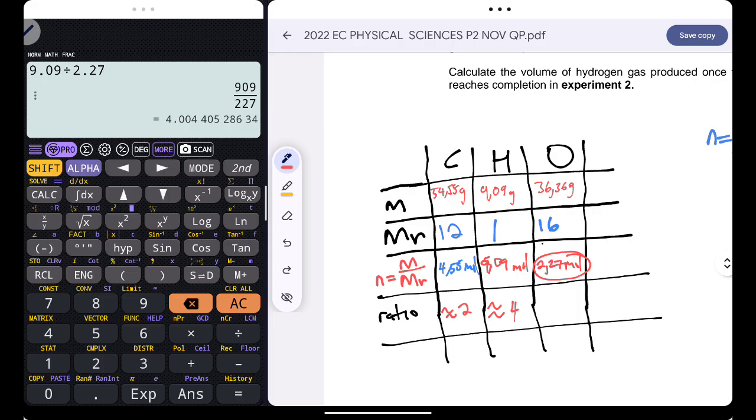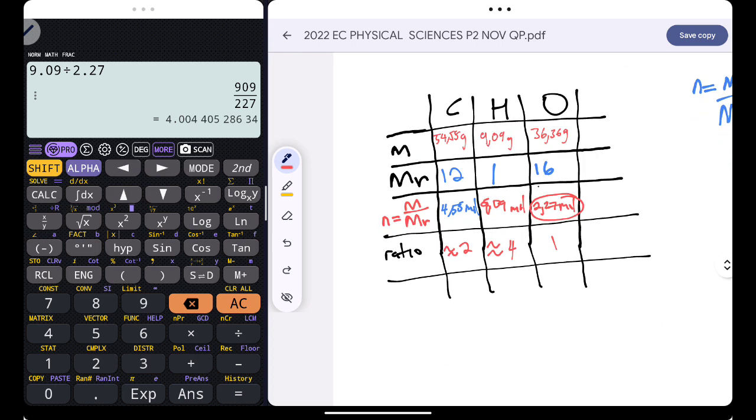And then 2.27 divided by 2.27, I'll get a 1. So this thing simply means that, guys, my empirical formula is like this. I have 2 carbons, 4 hydrogens, and 1 oxygen. Are you together? This is my empirical formula.